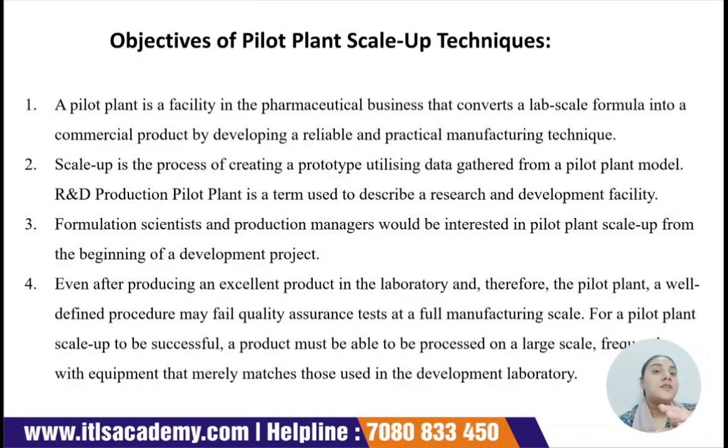So even after producing an excellent product in the laboratory, the pilot plant as well as a defined procedure may fail the quality assurance test.